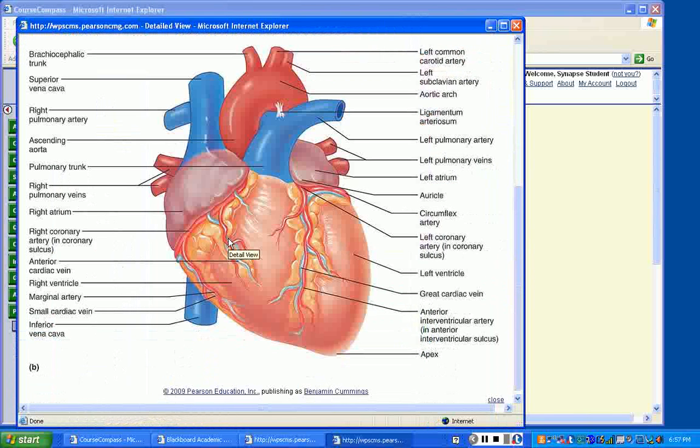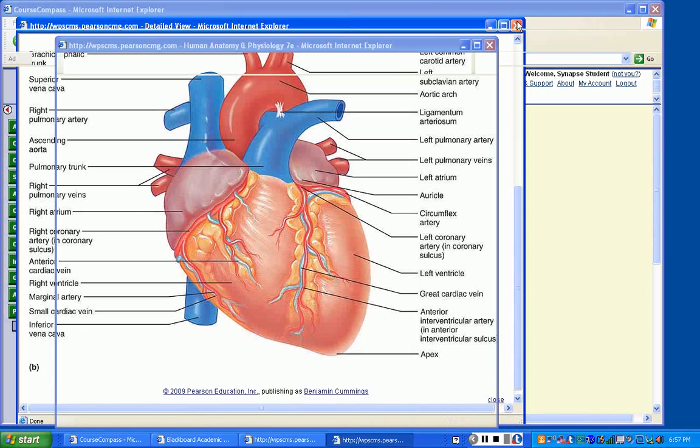Do you think it makes sense that the bigger one is right here because it's going to supply all of this and that left ventricle, which is huge, versus the little one being right here? Does that make sense? So you see small cardiac vein and great cardiac vein. And that's all you have to do on the veins. The veins are a lot easier to do.